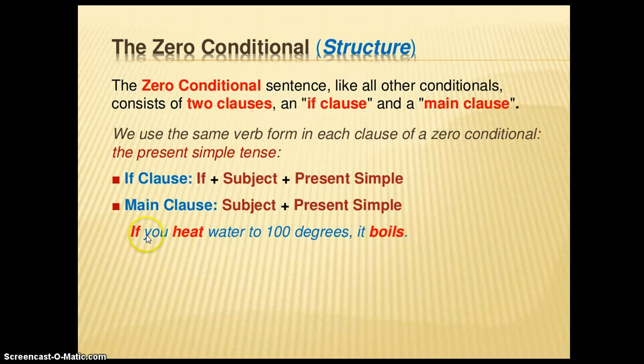As you can see, after if there is a simple present, and in the main clause there is also a verb in present simple. This is a structure we usually use when we are talking about something that always happens like that. If you heat water to 100 degrees, it always boils.